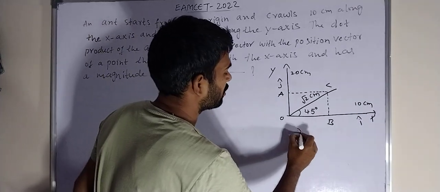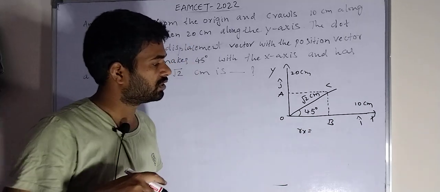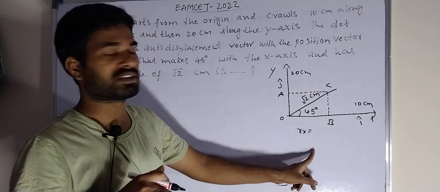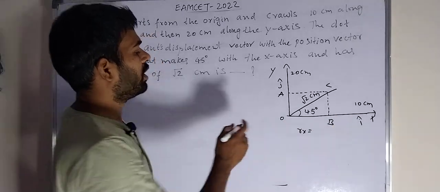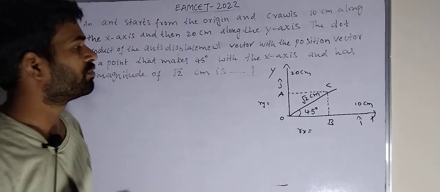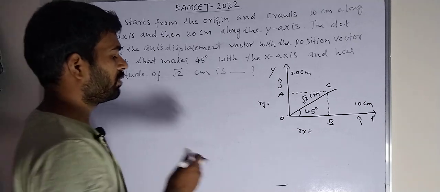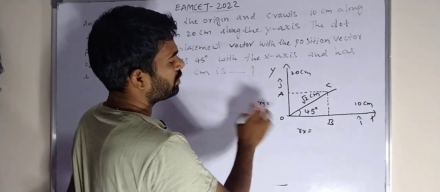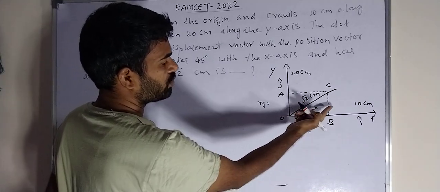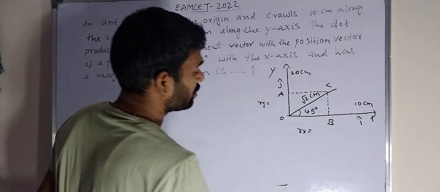This is Rx, the coefficient along x-axis, Ry along y-axis, the components of OC. Okay, this Rx and Ry we can find out. So when this is the angle, this is opposite side, base and hypotenuse. From cos theta we can find out Rx.